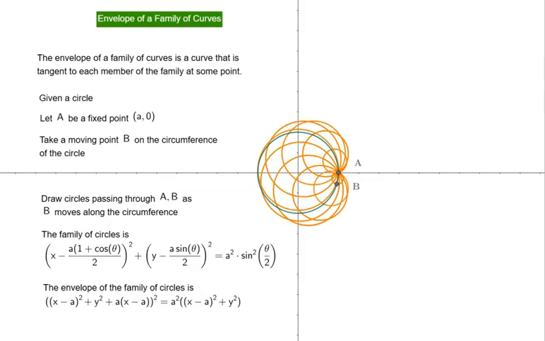And if we plot this, we get this. So if you notice, this curve is tangent to each of the circles in the family at some point. This shape is called the cardioid.